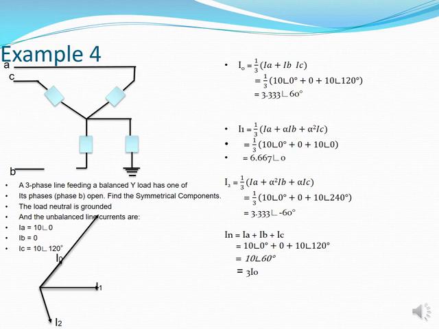All right, so I go to my I, and you can see that my I0 is going to be equal to a third into IA plus IB plus IC. Then my I1 will simply be a third into that formula that you see on the side there, which gives me an answer, and my I2 similarly.